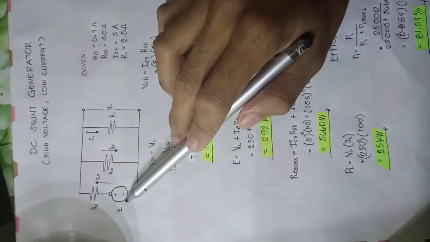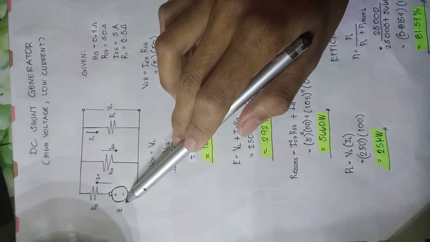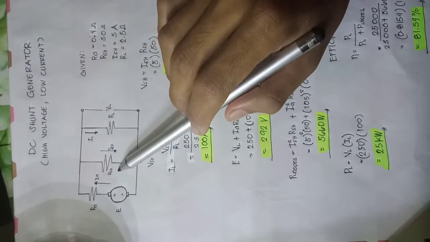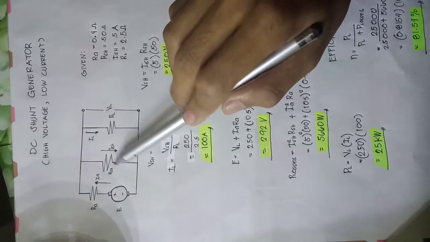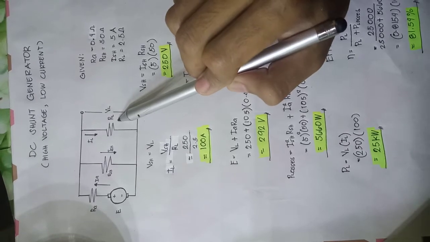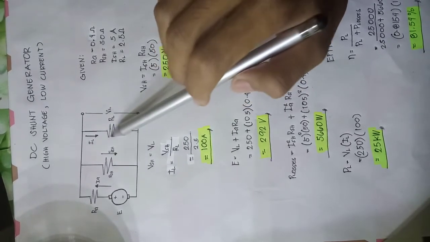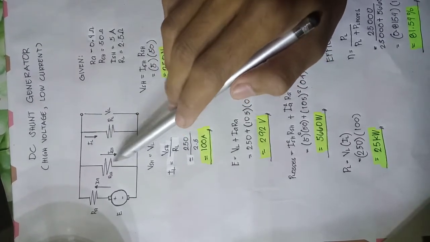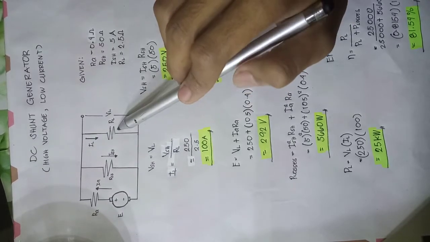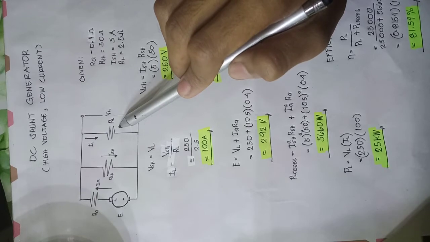We have the generated EMF, the resistance of the armature, the resistance of the shunt field parallel with the resistance of the load. So since this is parallel, we conclude that the voltage of the shunt field is equal to the voltage of the load.